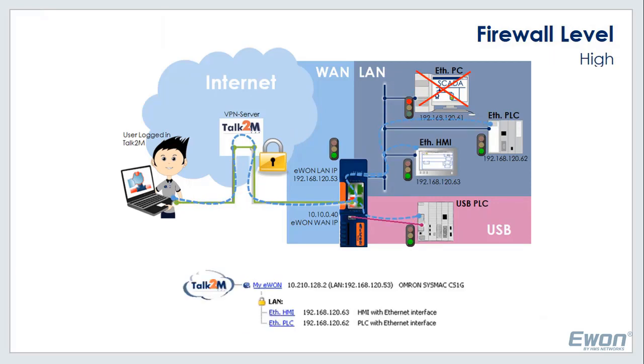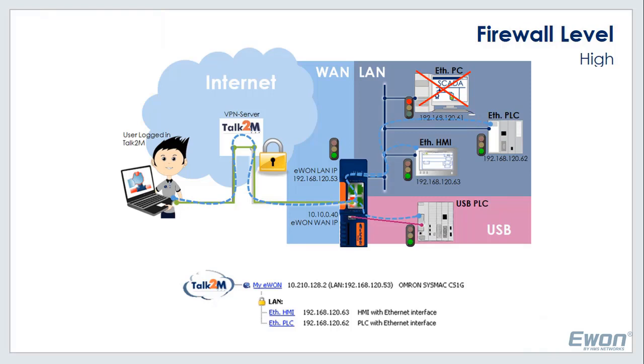When an EWAN's firewall level is set to high, you can restrict which Ethernet devices behind the EWAN are remotely accessible. Only those Ethernet LAN devices explicitly identified in the list of accessible devices can be reached through Talk2M.